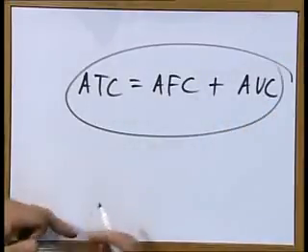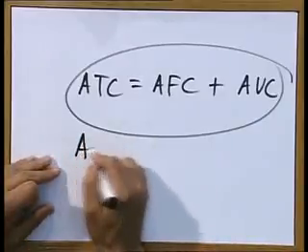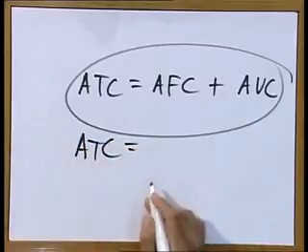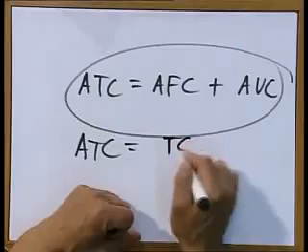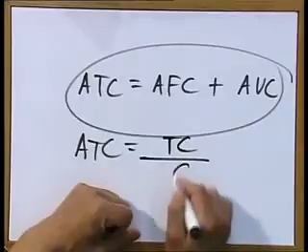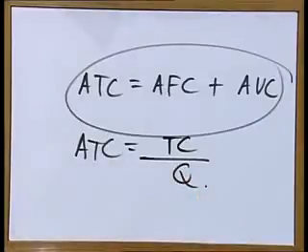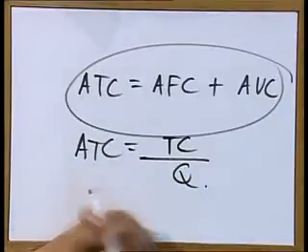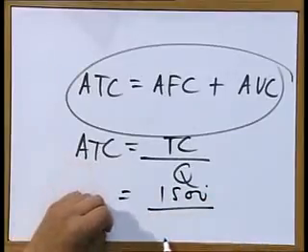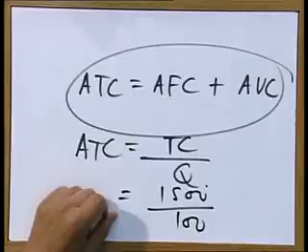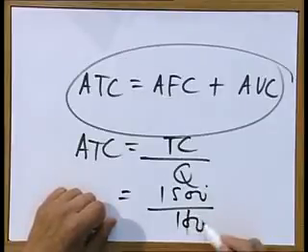The other way, in terms of a formula, if you look at your example in the textbook, is that your ATC is your total cost divided by the number of units that you produce. So if your total cost was 1,500 and you produce 100 units, then you just divide the two, right?